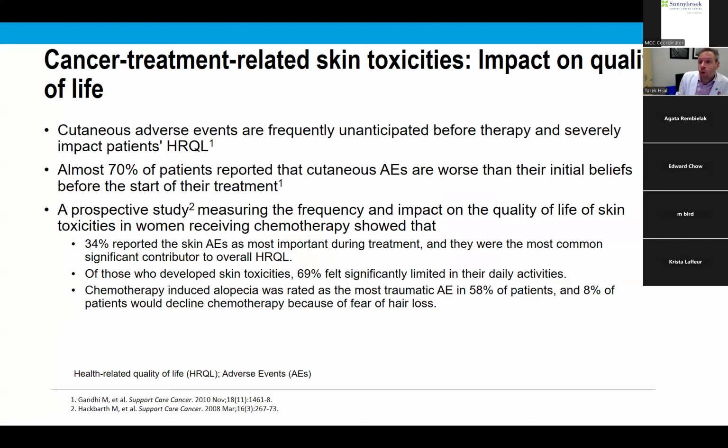So why is radiation dermatitis important? For many reasons. Two of them are the fact that dermatitis affects quality of life of the patients, and in certain cases, if it's very important, it can cause interruption of treatment and worse oncologic outcomes.